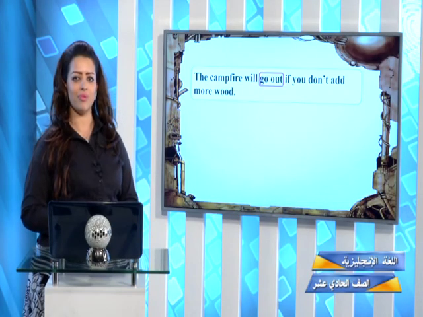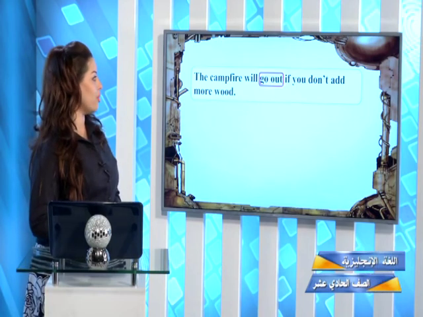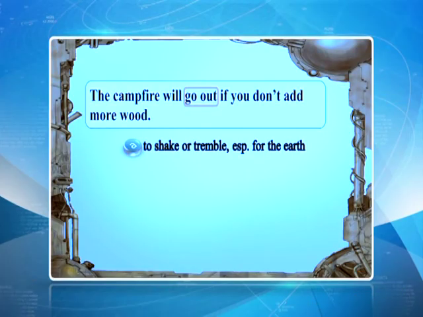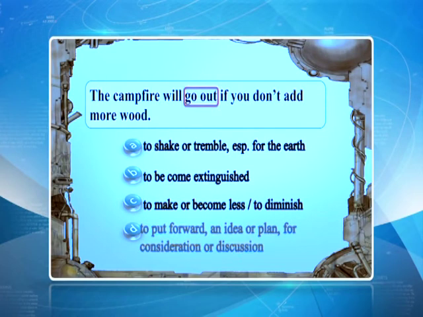Let's read our fourth sentence. The campfire will go out if you don't add more wood. What is go out? We said go out is a phrasal verb which means to shake or tremble, to become extinguished, to make or become less, to diminish, or to put forward an idea or plan for consideration or discussion.